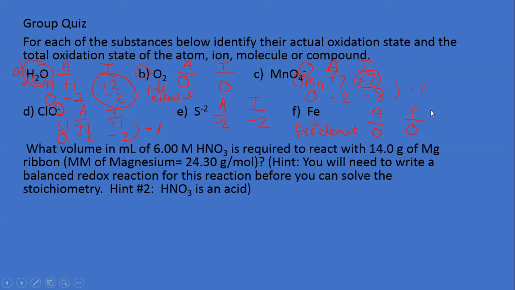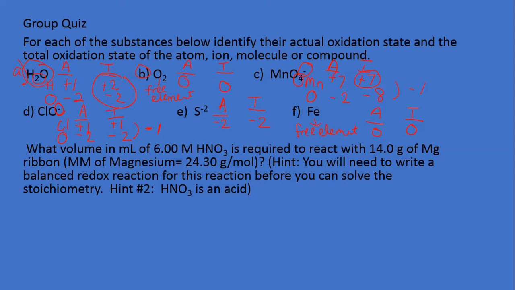All right, next question. What volume in milliliters of 6 molar nitric acid is required to react with 14 grams of magnesium ribbon? It tells you the molar mass of magnesium is 24.31. It's 24.31 or 24.30. Either one would have been okay, depending on the periodic table you were using. And it says you will need to write a balanced redox reaction before you can solve, and that HNO3 is an acid.